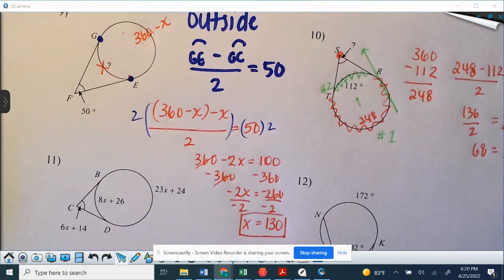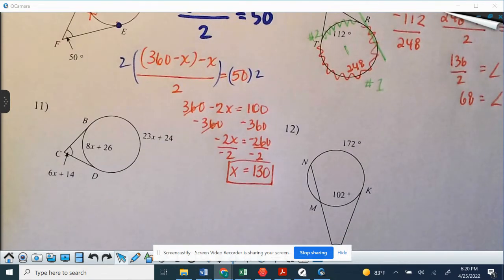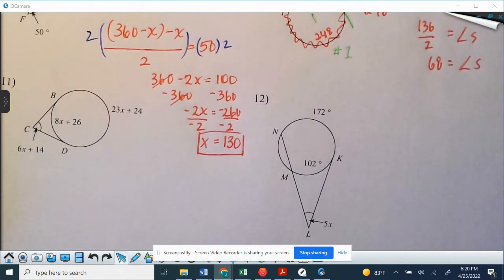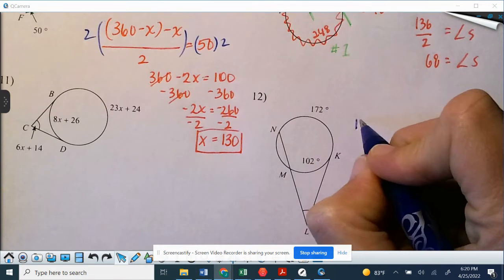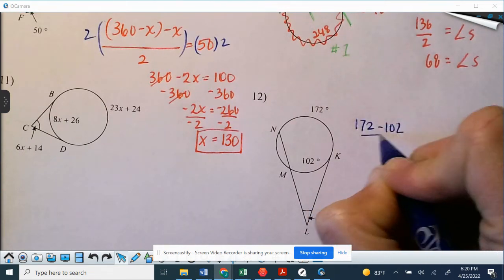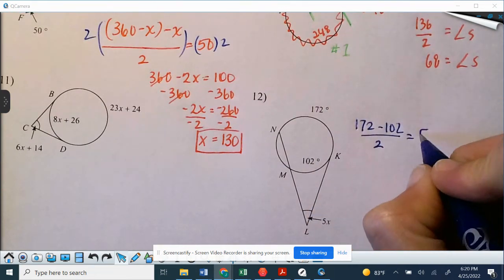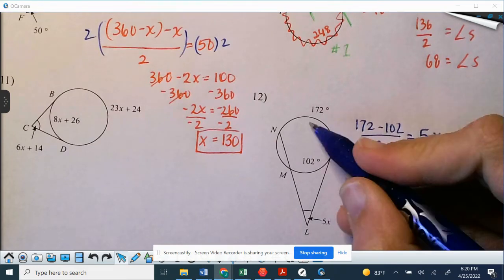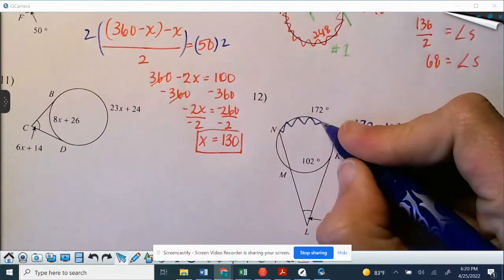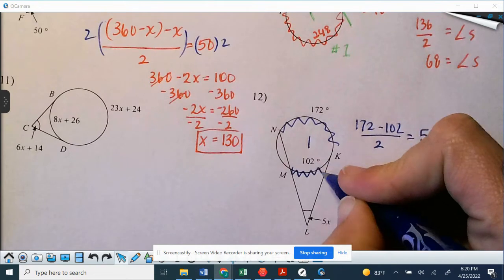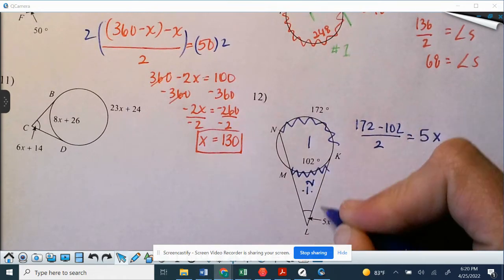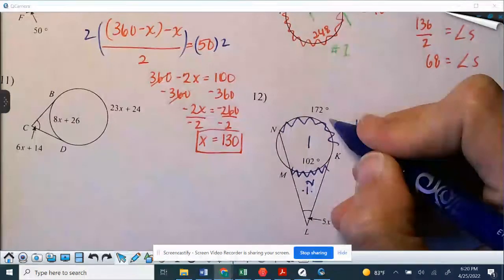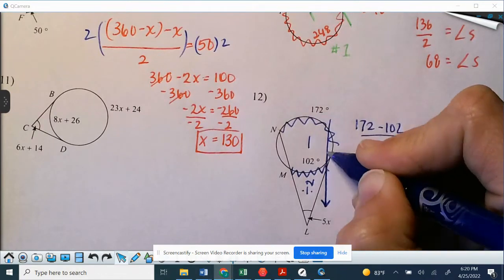Now they get a little furrier. I'm going to do number 12 next because number 11 gets really big and I don't want you to panic and freak out. So 172 minus 102, divided by 2, equals 5x, because it's arc 1 minus arc 2 divided by 2 equals our angle, like if we were traveling this way, working towards our angle.